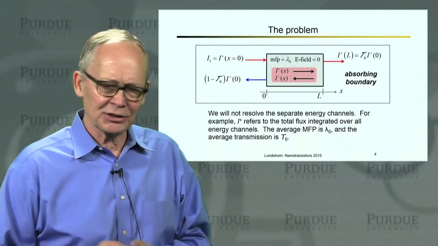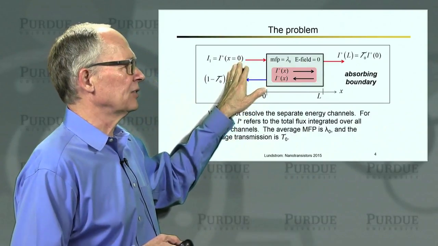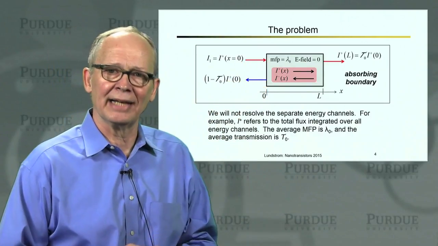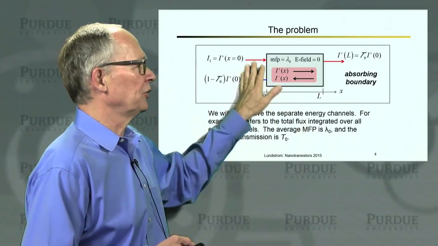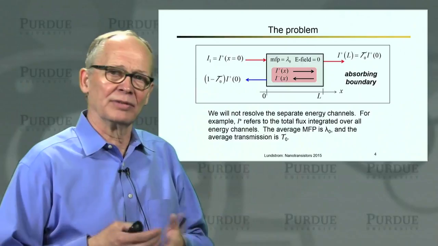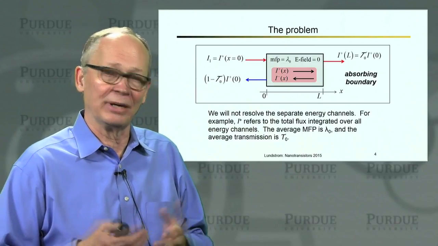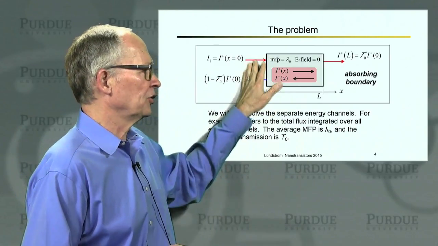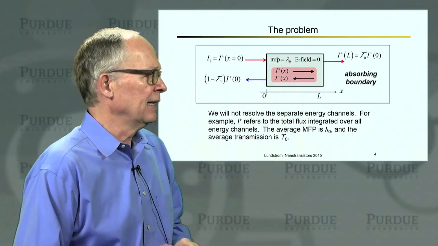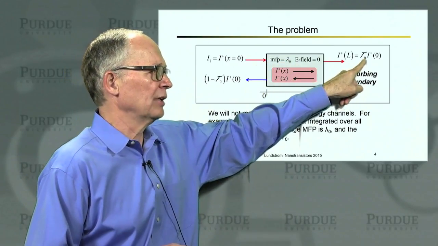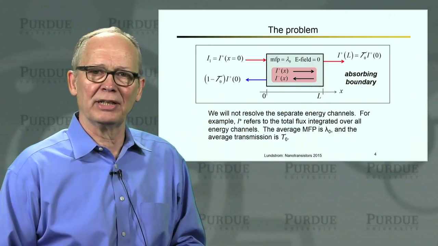In this lecture, I'm not going to resolve these fluxes into independent energy channels the way that we did in the last lecture. I'm going to assume that they're averaged over all of the energy channels that are occupied with electrons. So we're just going to think of some average flux that's injected and some that's emitted. That means I'm going to attach a subscript to my transmission here.